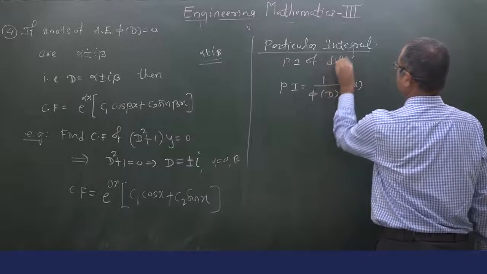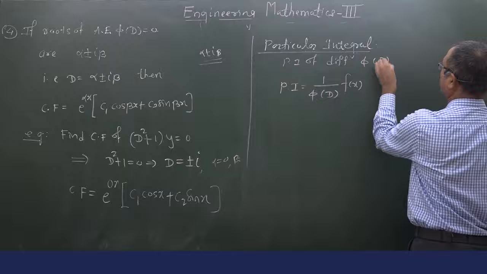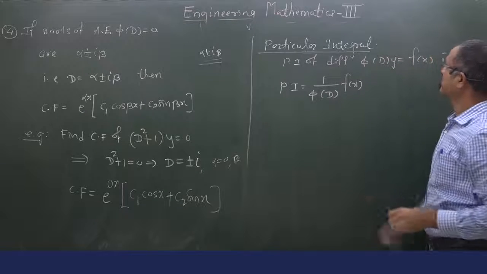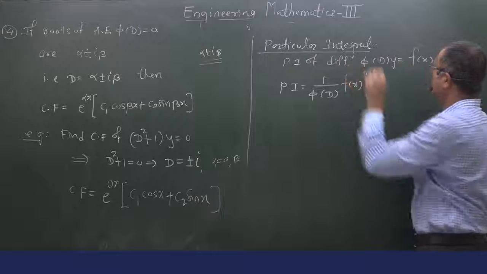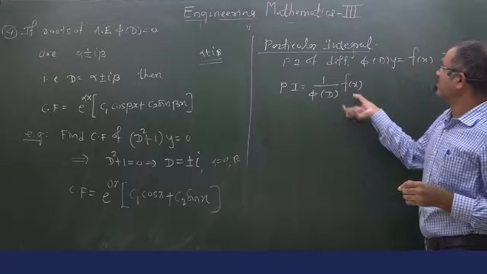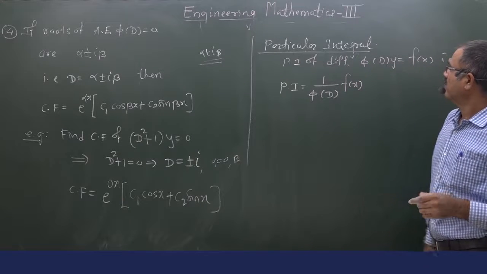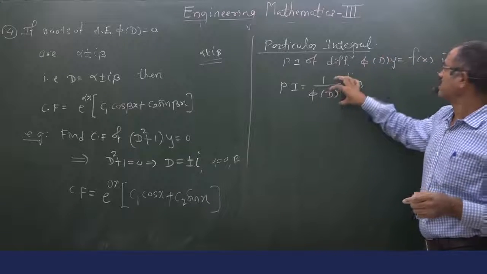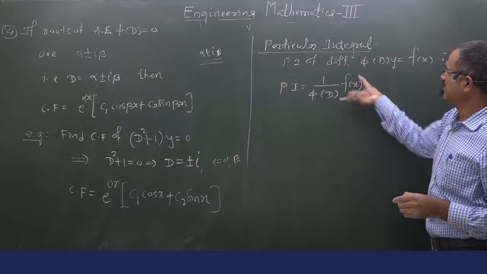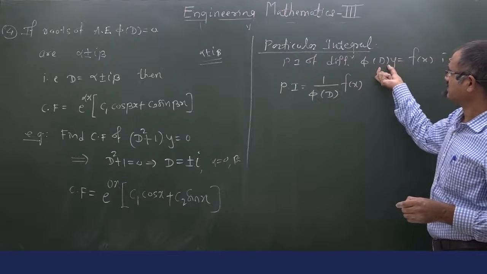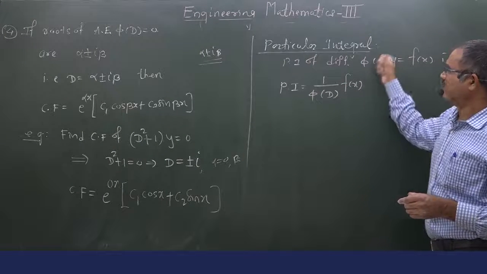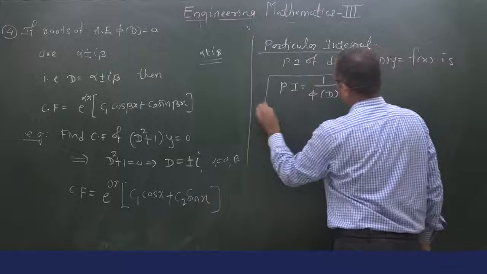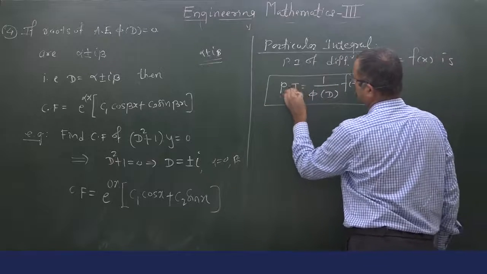This is the particular integral because it satisfies the given differential equation: if we put this value, phi of D cancels and we get f of x. This is the PI, or particular integral.